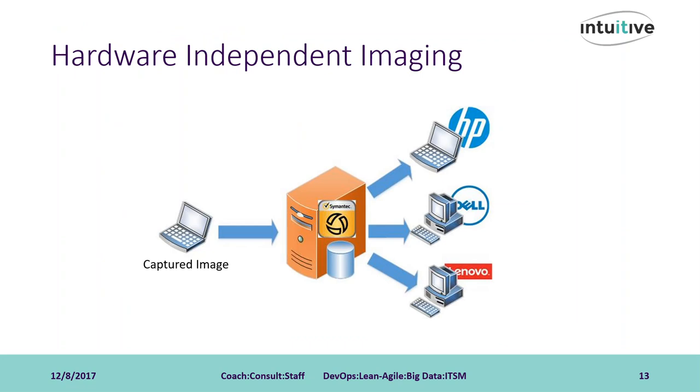This is accomplished by first capturing an image that is generic and as light on drivers as possible. This image is then deployed to other computers using drivers specific to the hardware injected as part of the process. Again, Matt will go through this and the specific steps around building that hardware-independent image using a virtual environment a little later on in the presentation.